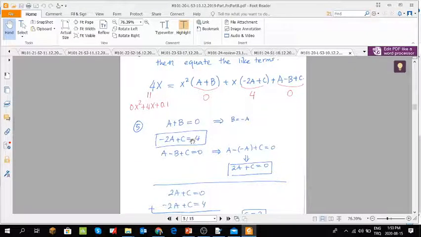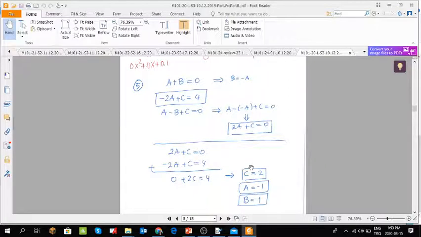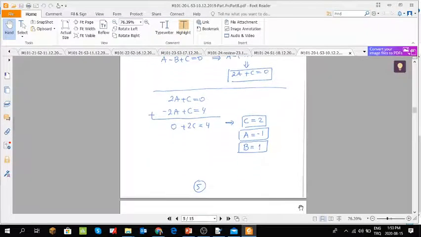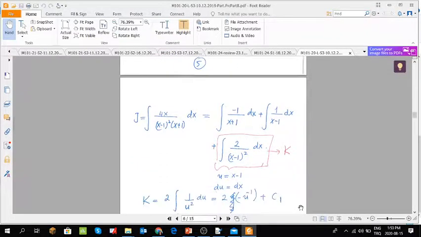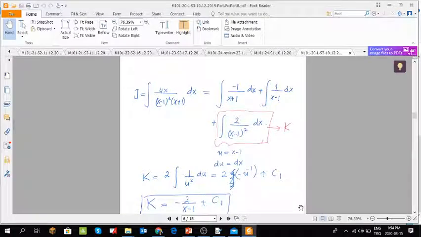So I use it in the third one, and I get 2a plus c is equal to 0. And I combine these two equations, and from here I got c is equal to 2, a is equal to negative 1, and b is equal to 1. I'm assuming that you can solve this system of equations.